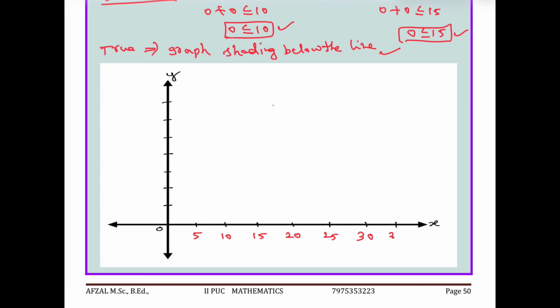Then half into A minus A transpose equals half into [0 6; minus 6 0]. Multiplying by 1 by 2 gives [0 3; minus 3 0]. 3 and minus 3 are opposites, therefore it is a skew symmetric matrix.